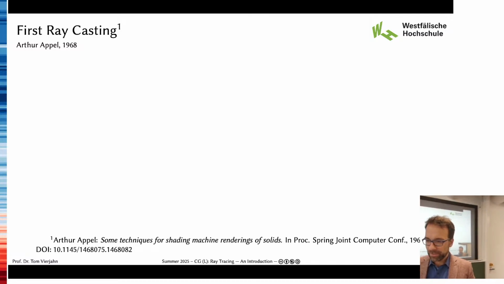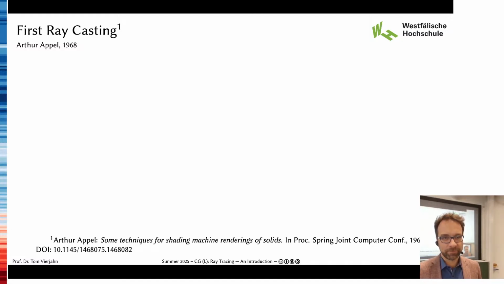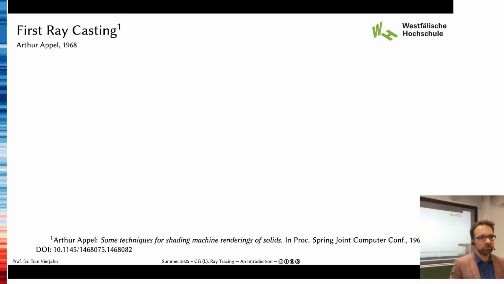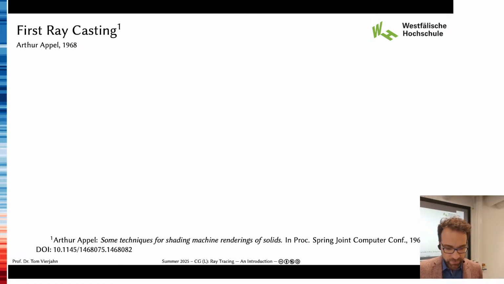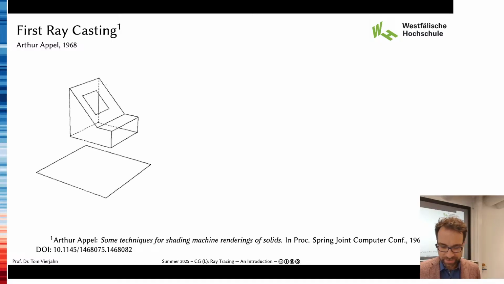But something that you could call ray casting, this is just trace a single ray and be done with it, was published in 1968 by Arthur Appel in a not completely computer graphics unrelated topic, but rather in engineering. And Arthur Appel solved something like hidden surface removal with ray casting.